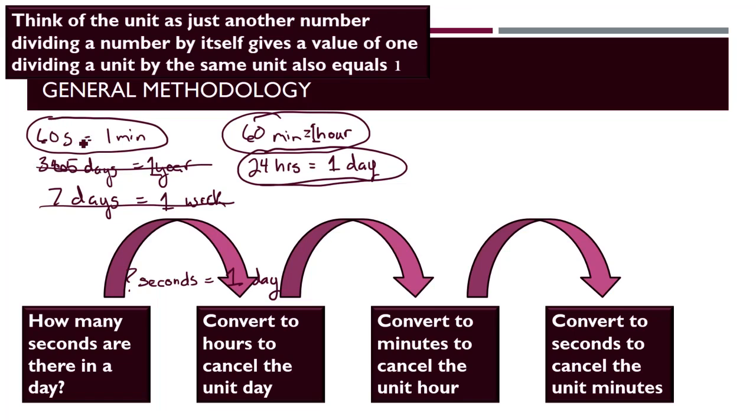So once I make that conversion, I'll be in the unit seconds. So I'm converting from days to hours, from hours to minutes, and from minutes to seconds. So this is going to be doing 3 conversions in order to get from the unit that I want to get rid of, days, and get to the unit that I want, seconds.